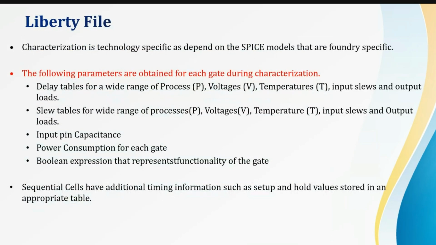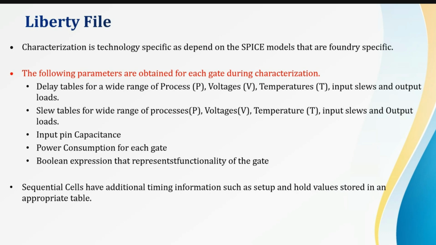Next will be the Liberty file or the library. The library will be given from the technology team. The Liberty file will contain the information of the timing, PVT corners, and the DRVs. Whatever cell you are having, that particular cell should have your transition time as well as the load. Based upon the transition time and the load, it will take the delay.